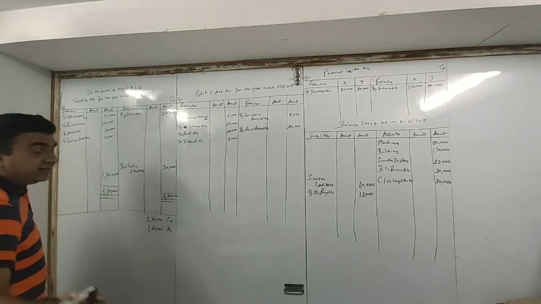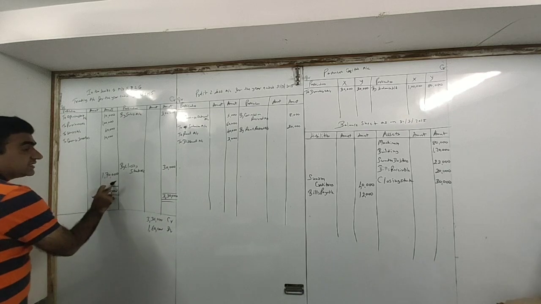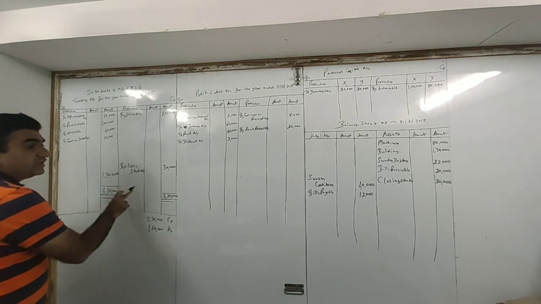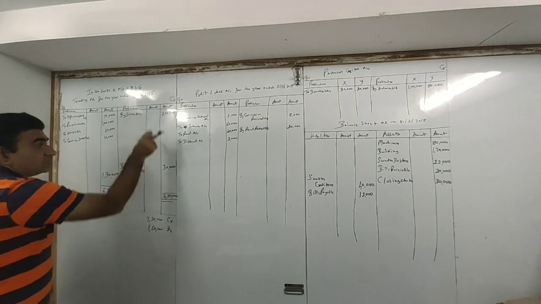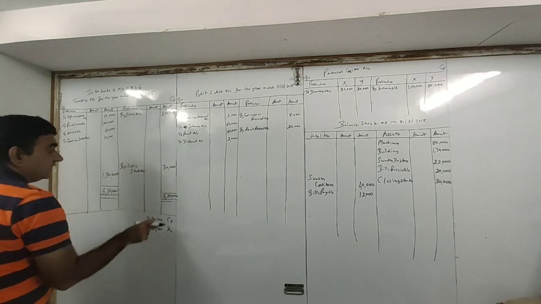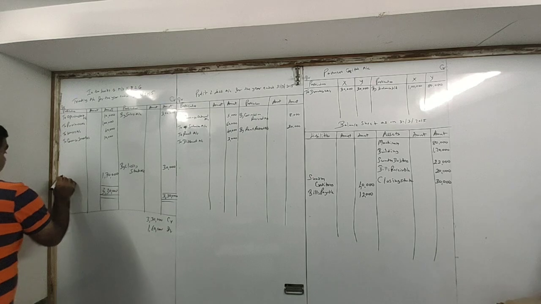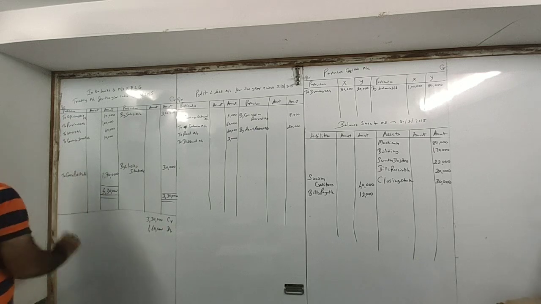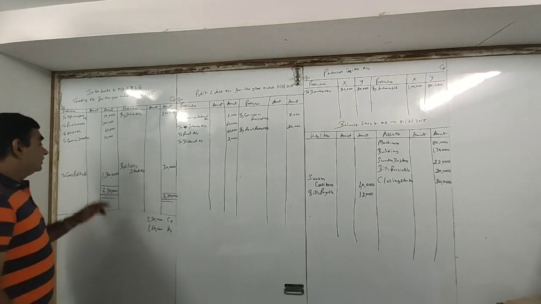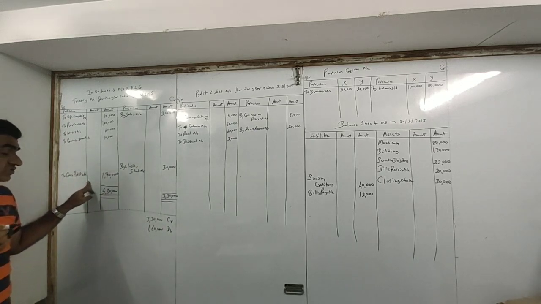What is this 170? Difference on the debit side. What I told you, difference on the debit side comes when the credit side is greater. So if credit side is greater, it's an income. So this is my profit. Come to the debit side, right there. To gross profit carried down 1,70,000.